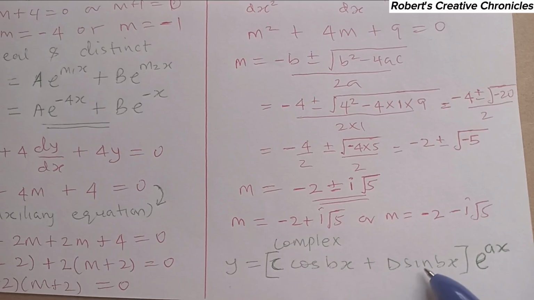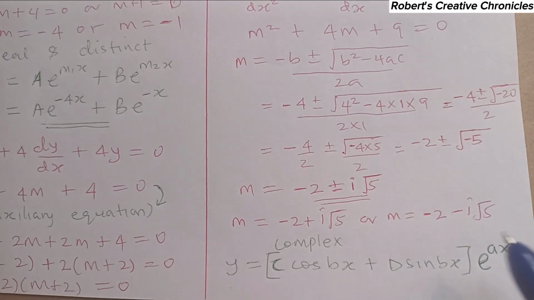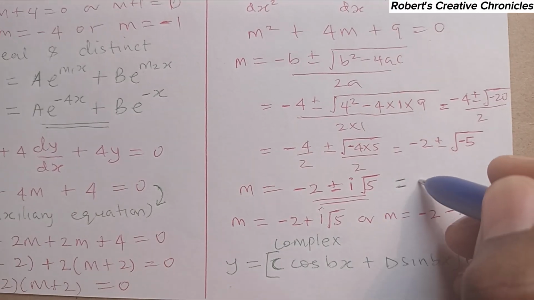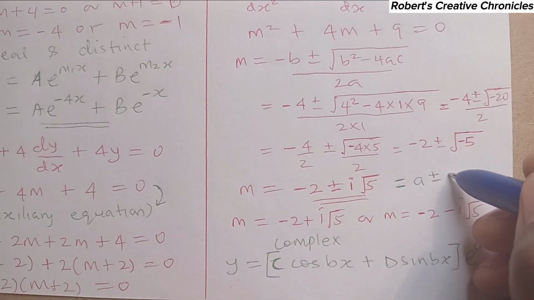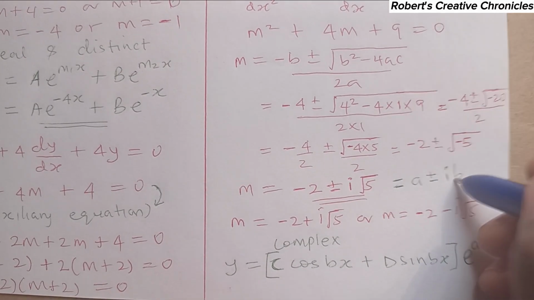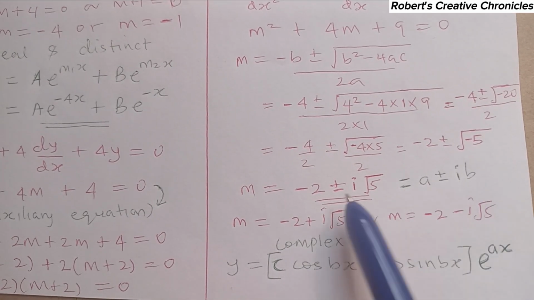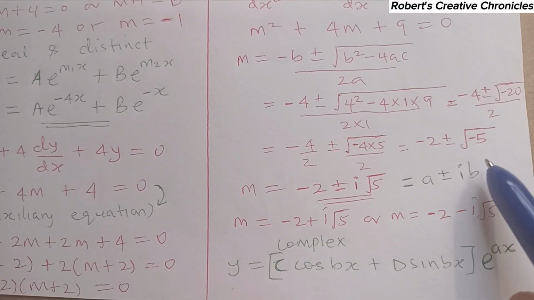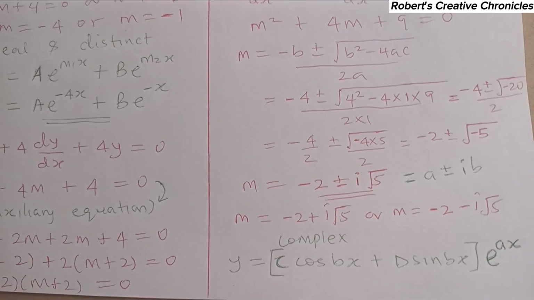And you know that a and b can be gotten from this. The general form of this is equal to what? a plus minus ib. So if you relate these two terms, you can know that a will be equal to minus 2 and b is equal to root of 5. So from here you substitute.